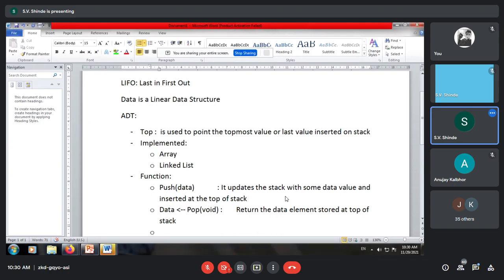Now, can we say that this stack is related to arrays or linked list? So stack can be implemented using arrays or linked list. That means it is also having some limitations, that is stack overflow, or we can say stack full. It is a condition when the stack has some size.